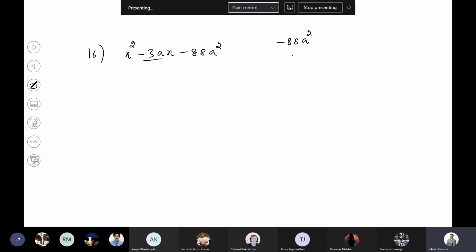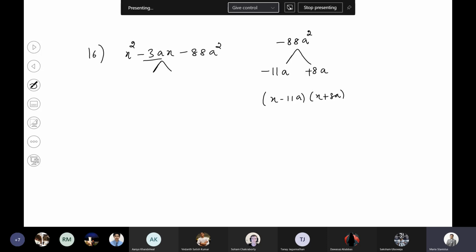Very good, 8 and minus 11. So minus 11a and plus 8a. In the shortcut method, the answer is x minus 11a and x plus 8a. Sorry, I'm losing my concentration. If you use the shortcut method, directly write it.